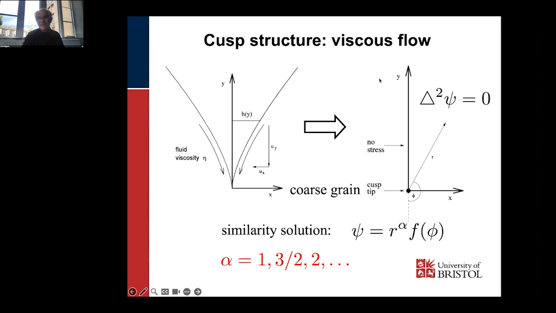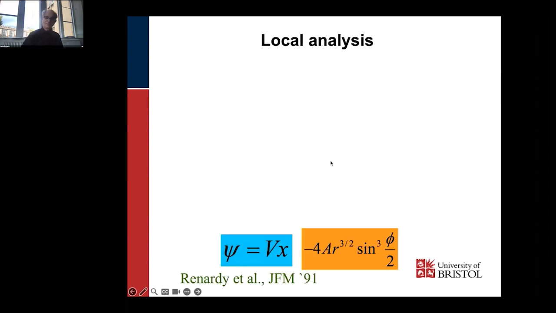That obviously satisfies immediately all boundary conditions. So, but apart from this solution, which we're also interested in, the next one then, the first non-trivial one, indeed has this exponent 3/2. So let's try to work out what this means in terms of the shape of the cusp. This is an easy calculation.